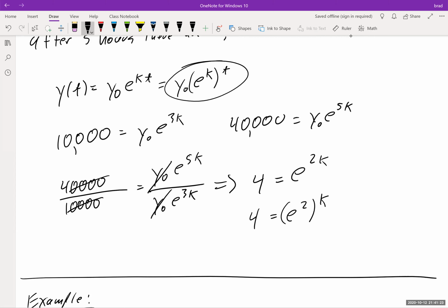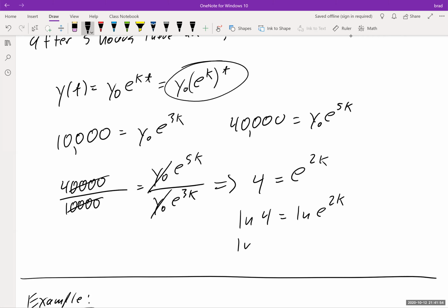Oops, I'm sorry, I did it backwards. e to the kt, okay? You know what, that's getting too fancy. I don't even want to mess with it. Let's just take the natural log of both sides. ln of 4 is equal to the natural log of e to the 2k.